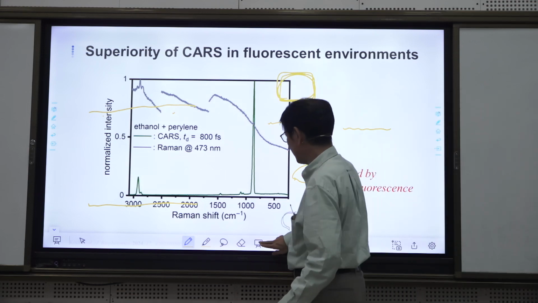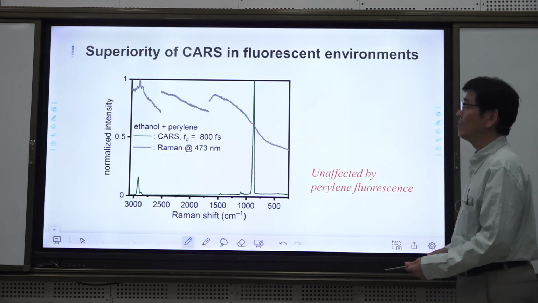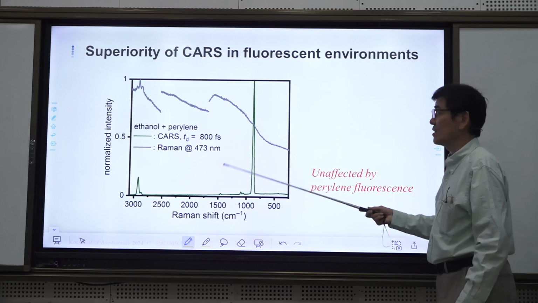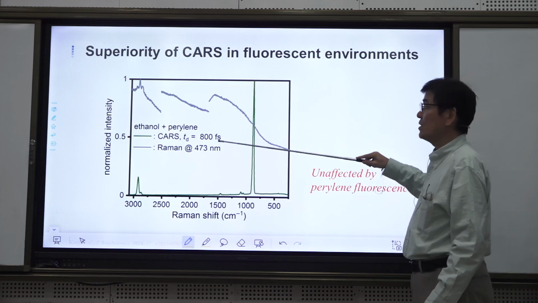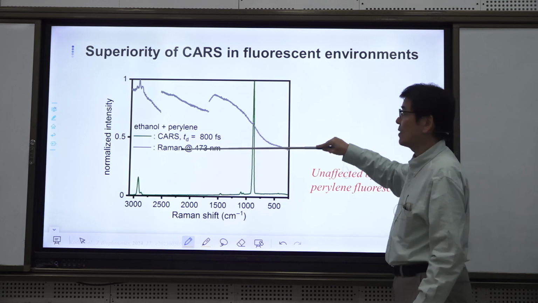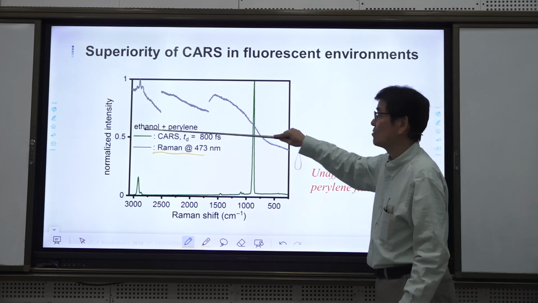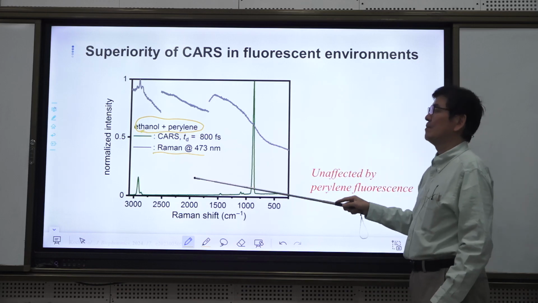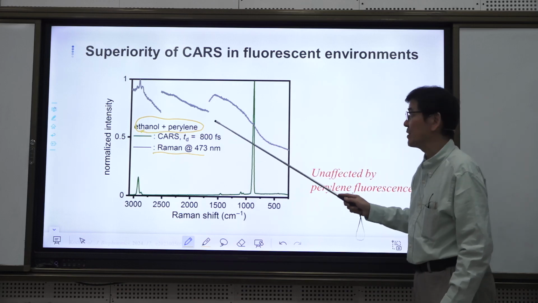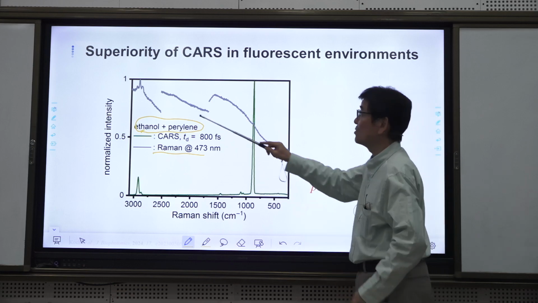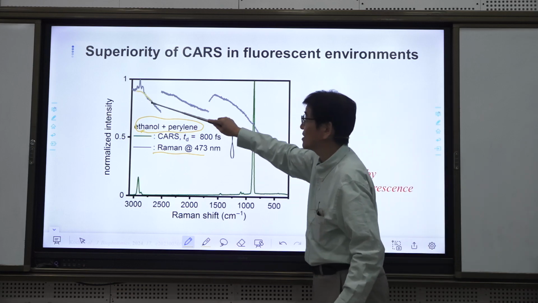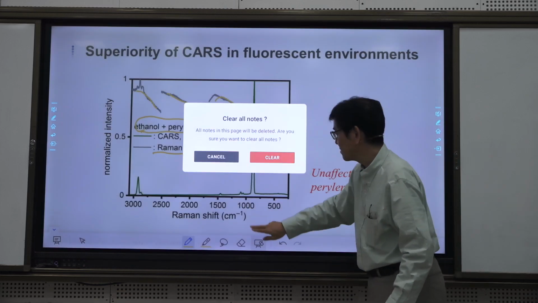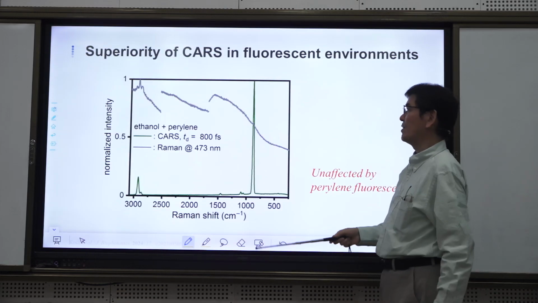And I said CARS is a fluorescence-free method. This result clearly shows the advantage of CARS. When we measure the Raman spectrum of pyridine ethanol solution, detection of the Raman signal is quite difficult due to the large fluorescent background signal. Actually, we cannot say where a peak is.